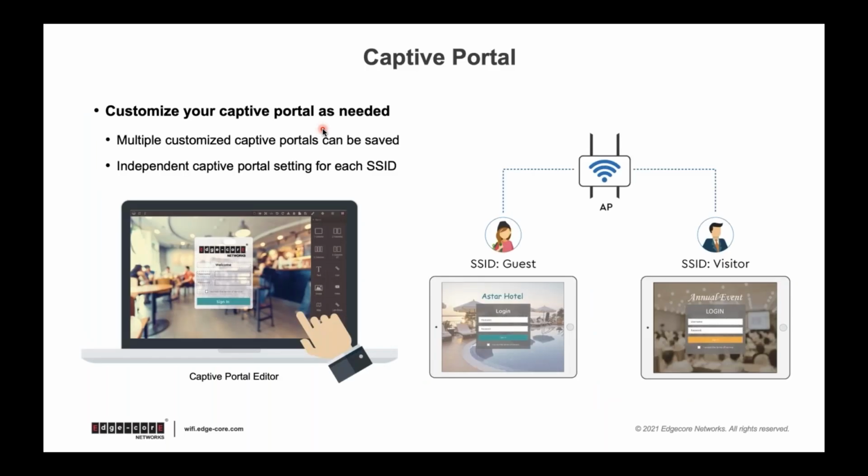Another feature is the captive portal editor. Users can use the built-in captive portal editor. It is a graphical editor to edit their own captive portal and to provide different captive portals to different SSIDs. With the Auth Port feature and the captive portal editor feature, the users can provide hotspot services without any additional servers, such as web servers or authentication servers.